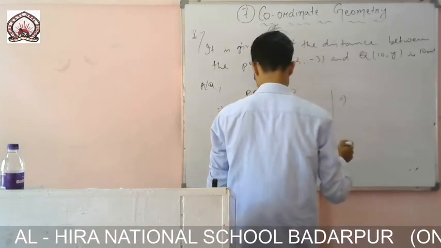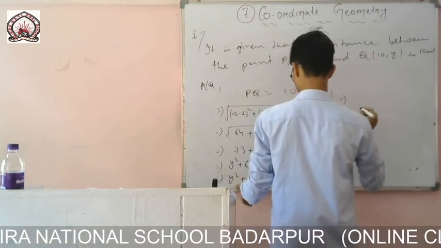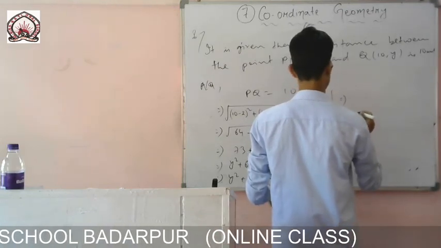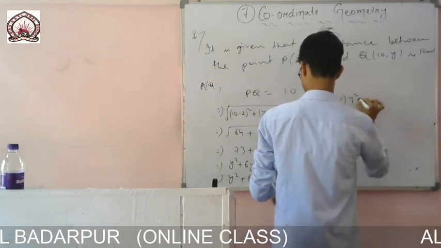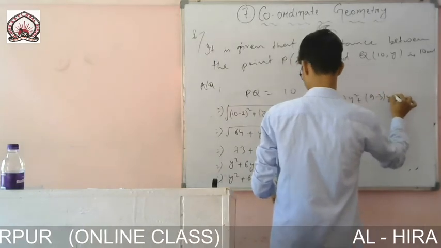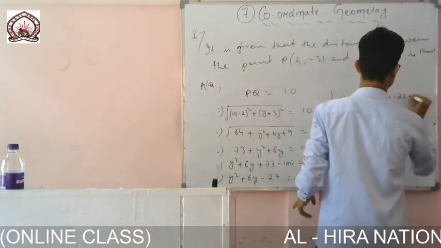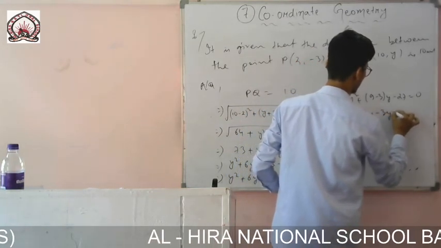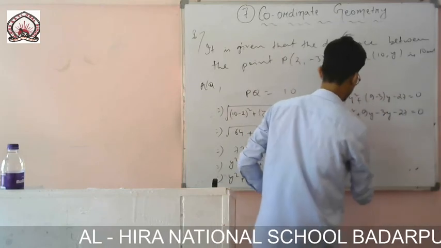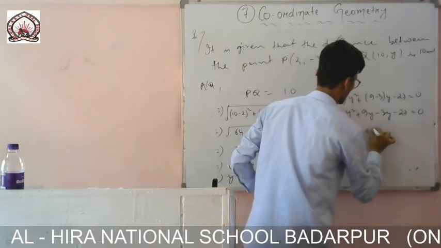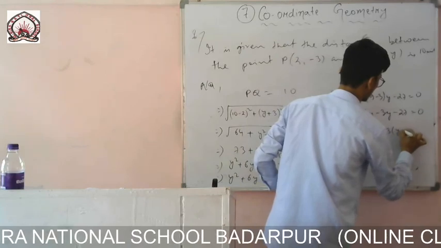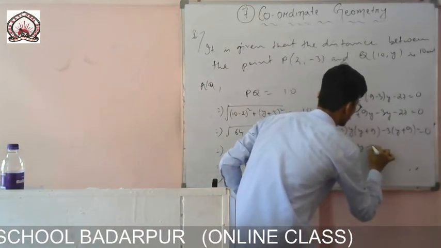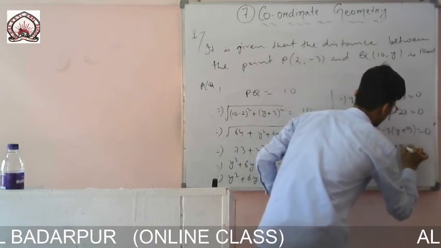You can take middle term factorization: 27 is 9 times 3. So y square plus 9y minus 3y minus 27 equals 0. Here y will be common, so y plus 9, and minus 3 will be common, so y plus 9, 9 times 3 is 27, equals 0. So (y minus 3)(y plus 9) equals 0.